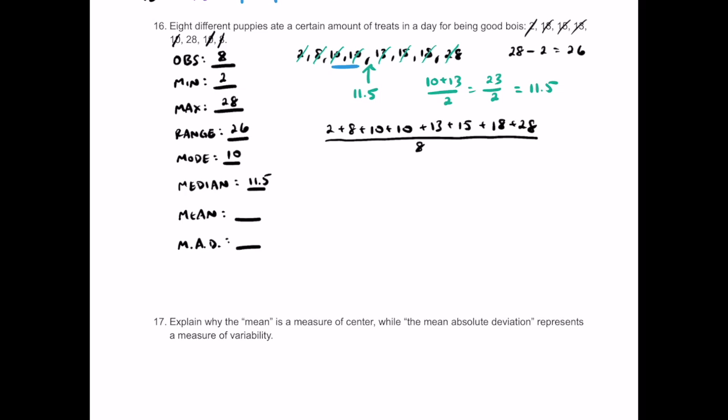So 2 plus 8 is 10, plus 10 is 20, plus 10 is 30, then 43, then 58, 66, 76, plus 28, 104. Yeah, I think 104 makes sense here. So 104 over 8 is, I think, 13. Okay, 13 seems to be correct. 13 would be the mean. That's the average number of treats that each of these dogs got.